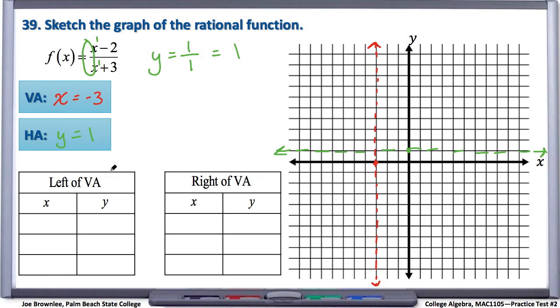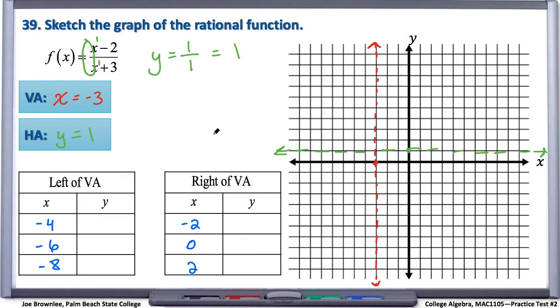If our vertical asymptote is at x equals negative 3, then a couple values to the left, meaning smaller than negative 3, we could do negative 4, negative 6, and how about negative 8? I'm choosing these arbitrarily. You could choose negative 5, negative 7, negative 9. They're really up to you. And then some x values to the right. Again, I skipped by 2's here. So how about negative 2, 0, and 2.